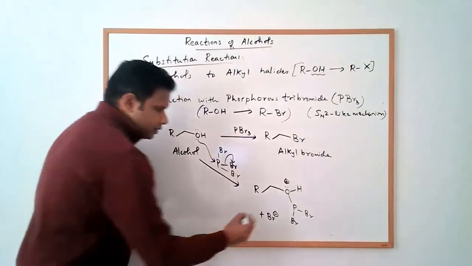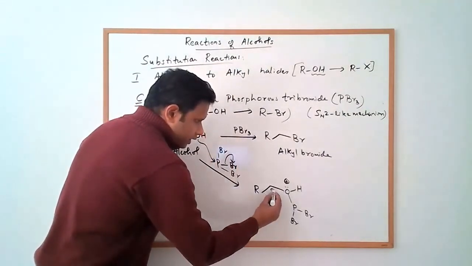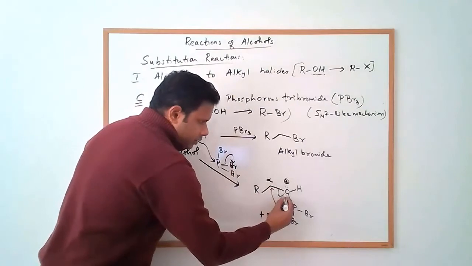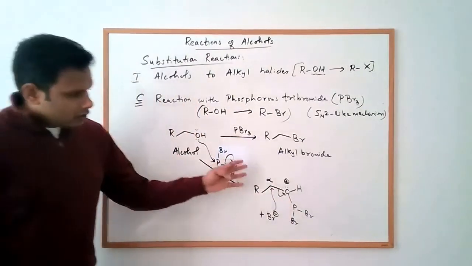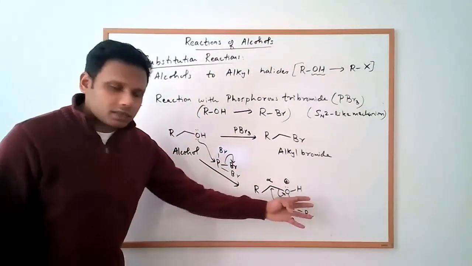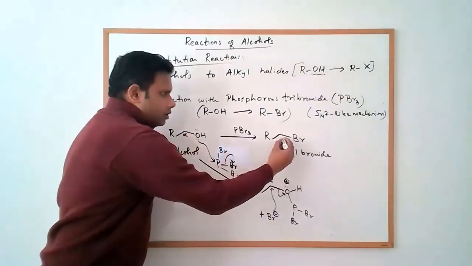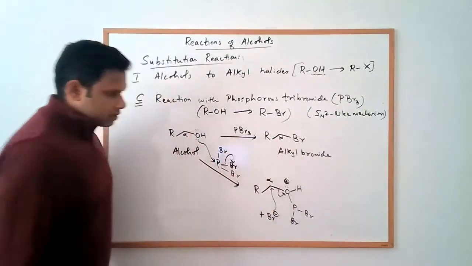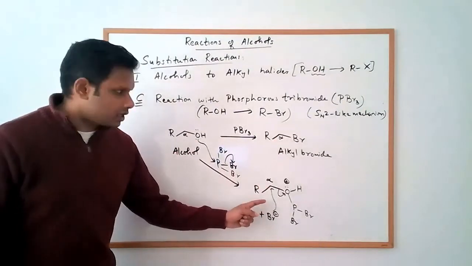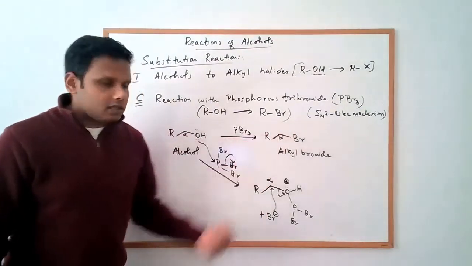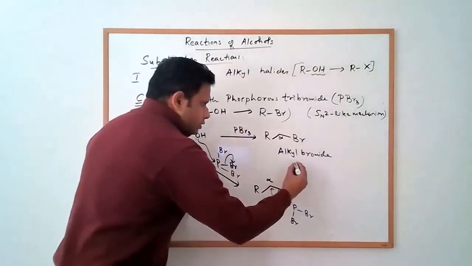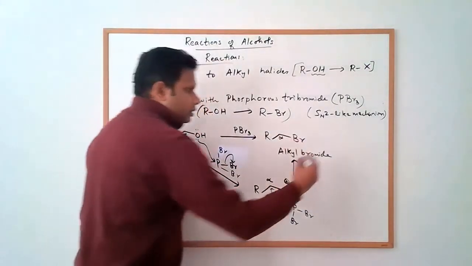And so after this, the Br minus goes and attacks this alpha carbon. That's your entire leaving group here. So again, that's the alpha carbon. Br minus attacks that alpha carbon in an SN2-like manner to give you the product.